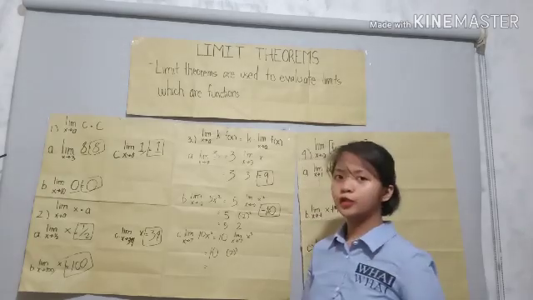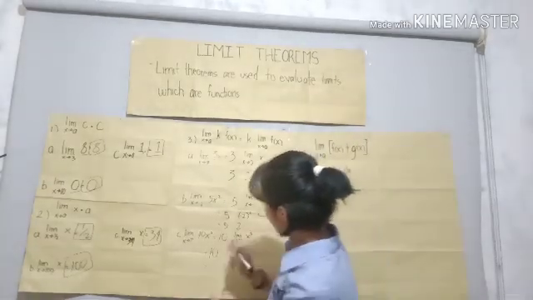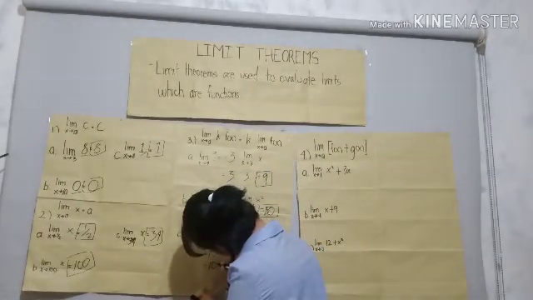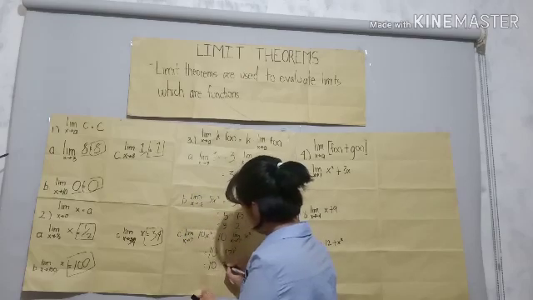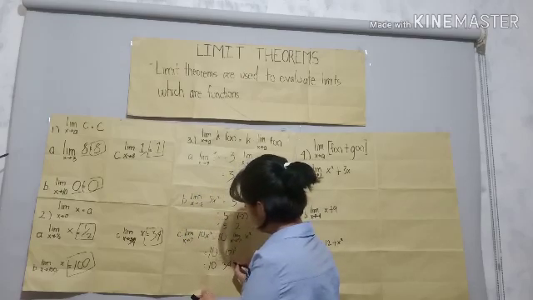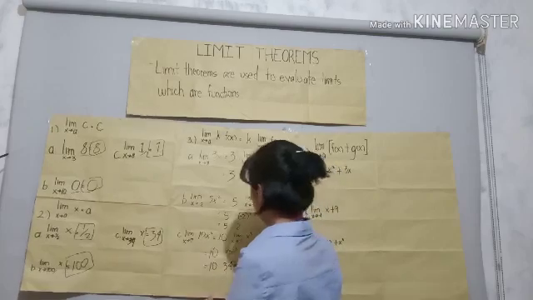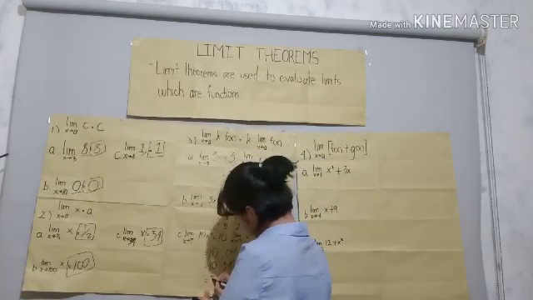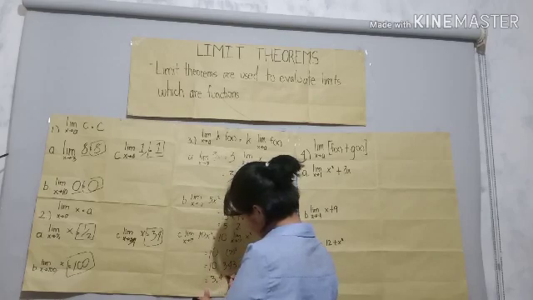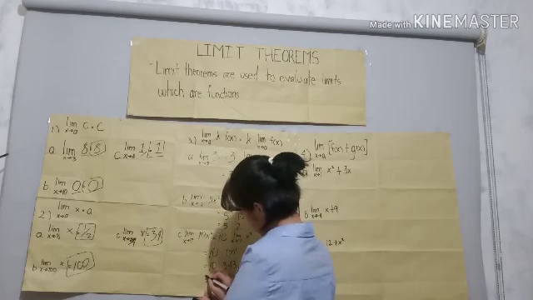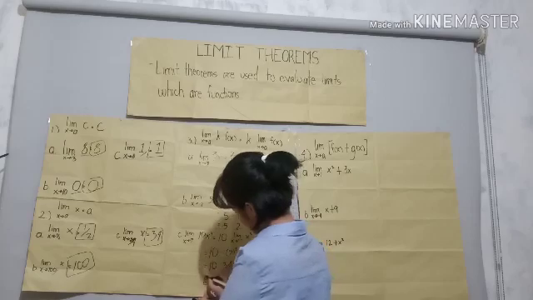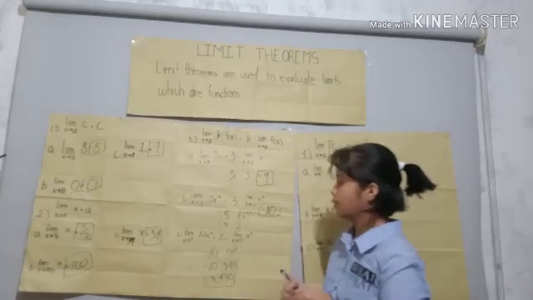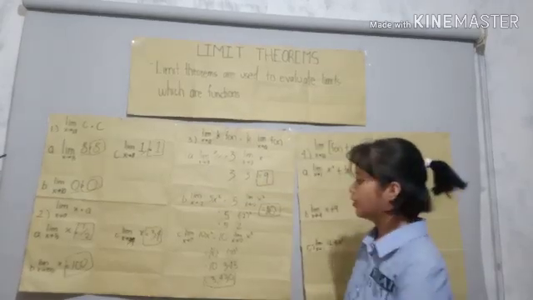So you solve for 7 cubed, and the answer is 343. The answer for this problem is 3,430.